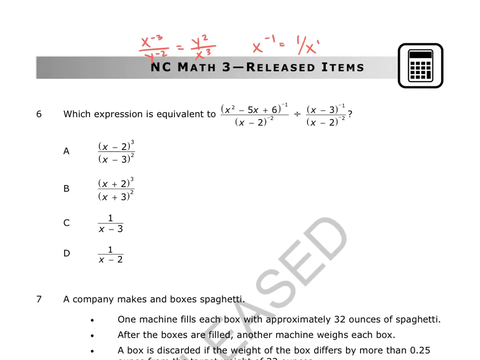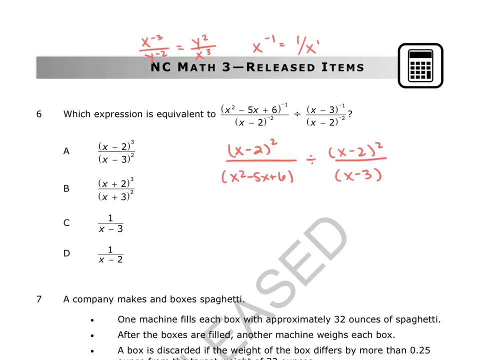So first thing I'm just going to do is make sure I have all positive exponents by rewriting this. And I'm also just not writing the ones as an exponent there because it's not necessary.